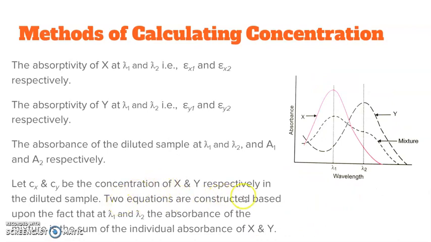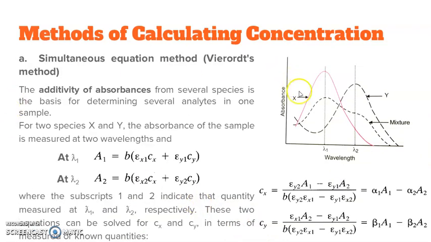The two equations are constructed based upon the fact that at lambda 1 and lambda 2, the absorbance of the mixture is the sum of the individual absorbances of X and Y. This is how they quantitatively calculate the amount of the drug by using the simultaneous equation method. They go for this equation, determine all these individual terms, put those values in here, and finally end up having Cx and Cy.